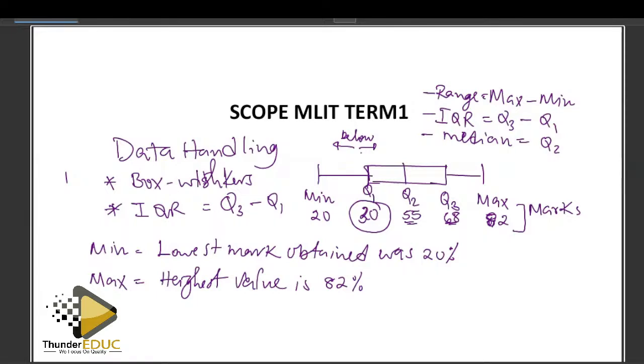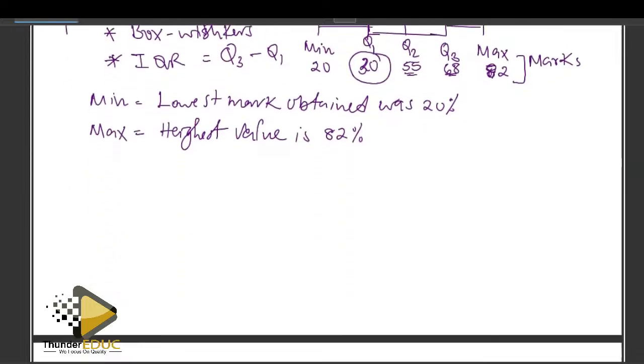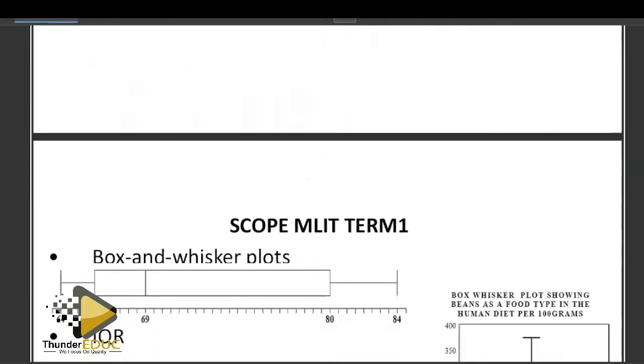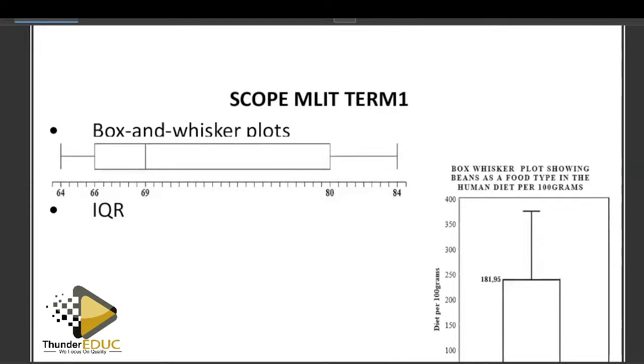Okay, let's look at the next part that we have here. We have some examples of box and whiskers. Box, it will look like this. It can either be this one here, the horizontal one, then this one, we call it the vertical.